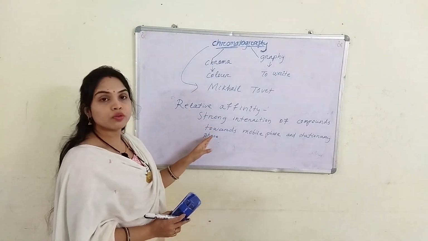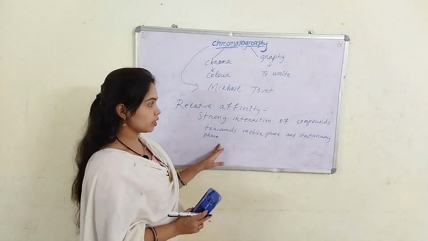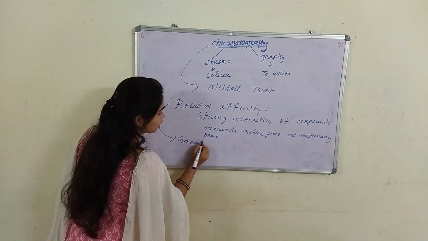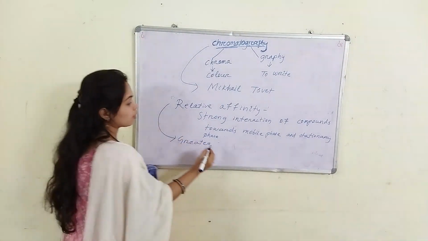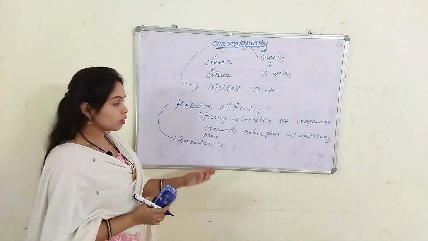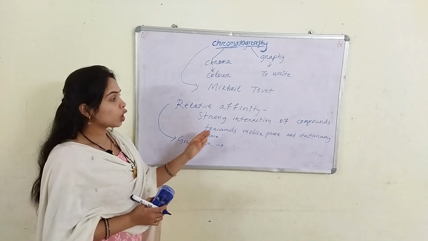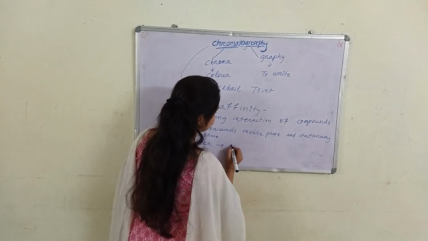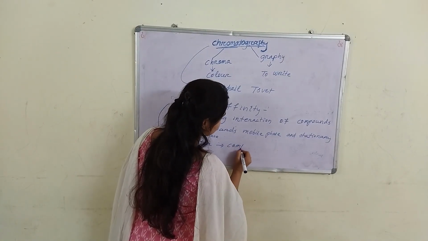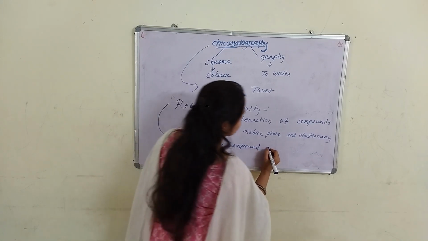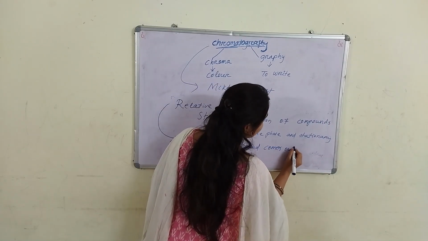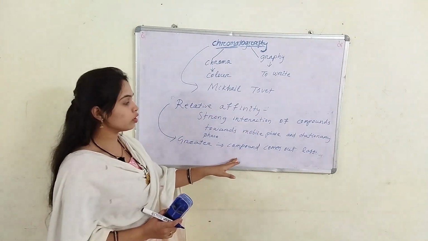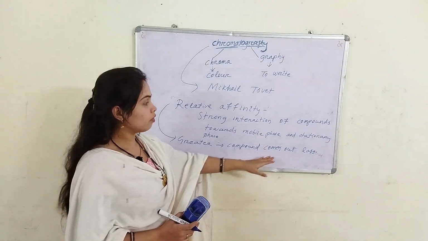If the relative affinity is greater, the compound comes out, or elutes, from the column very slowly, or last.